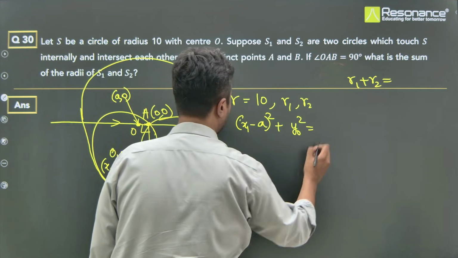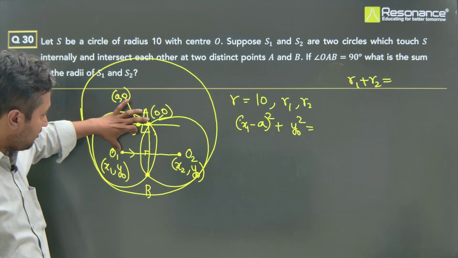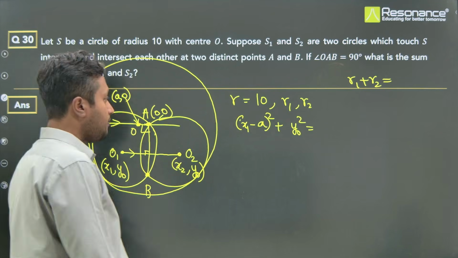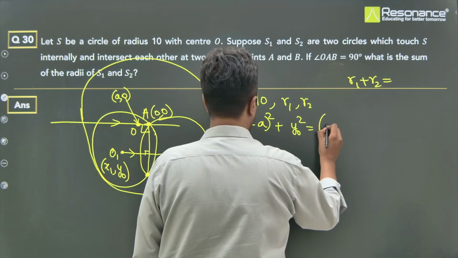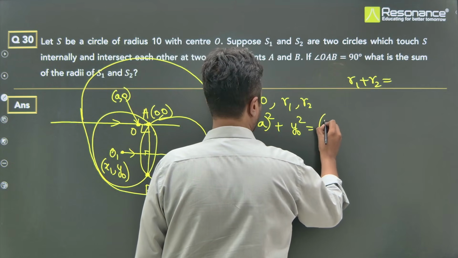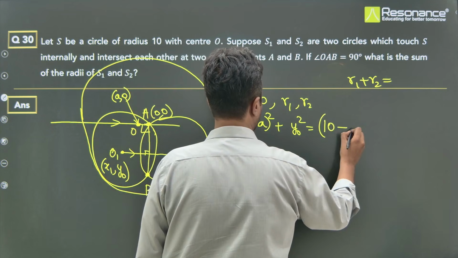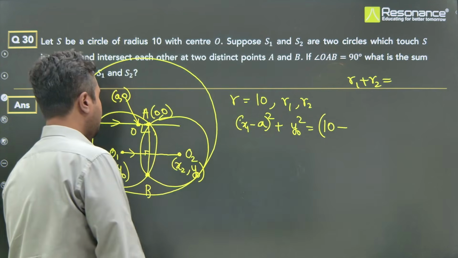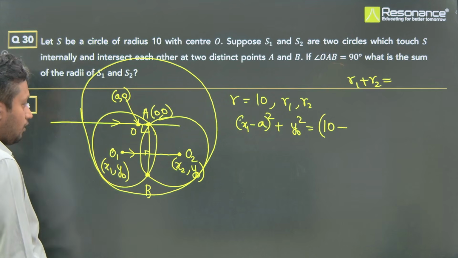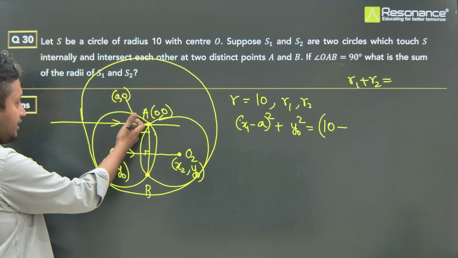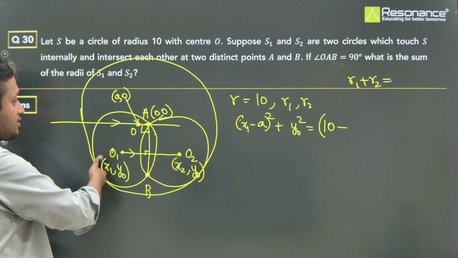That's the square of the distance between these two centers, so it must be equal to 10 minus r1 whole square, since the distance between these two centers is R minus r1.